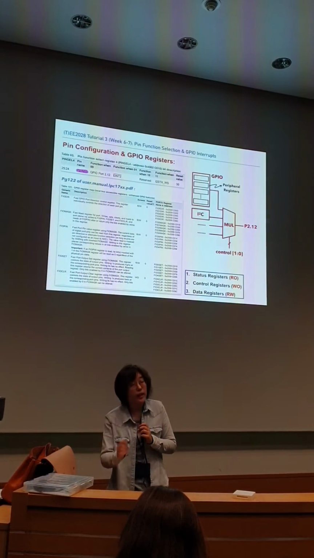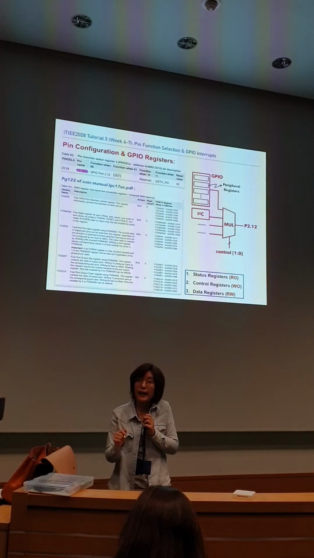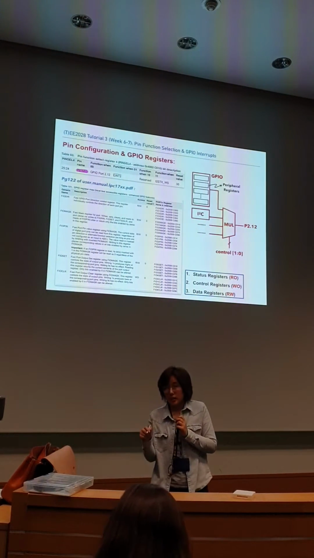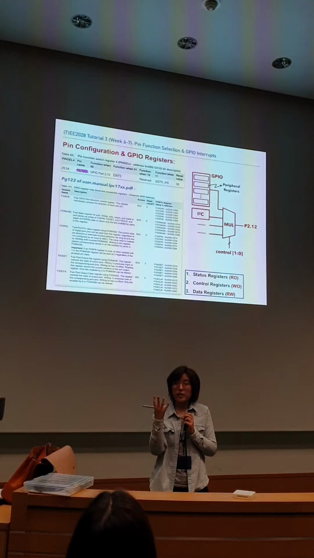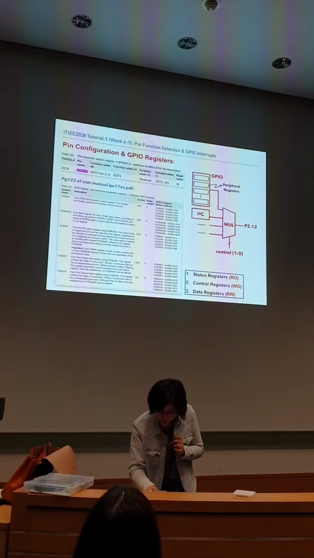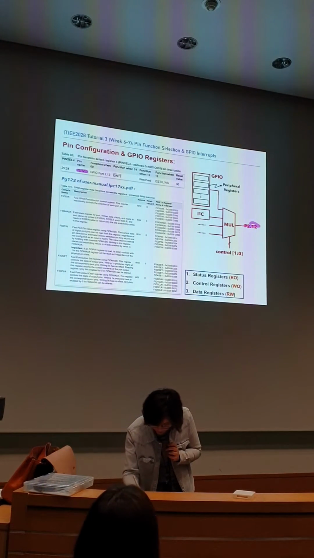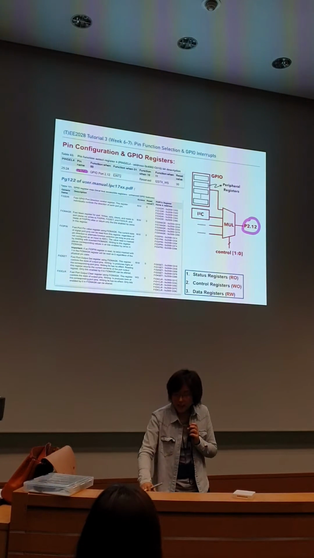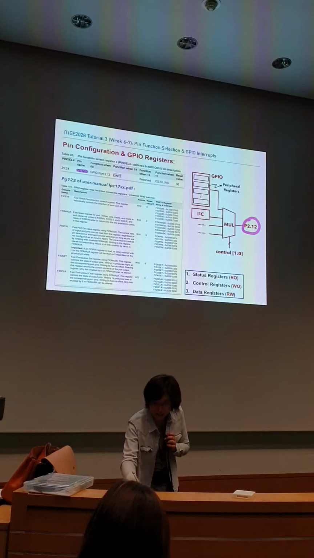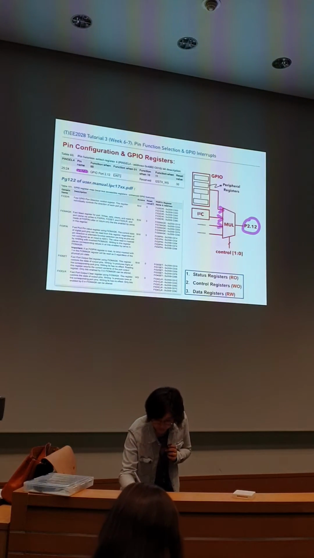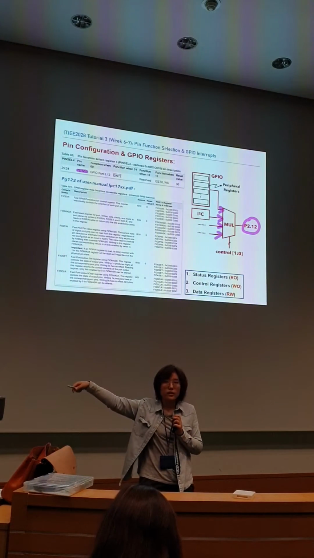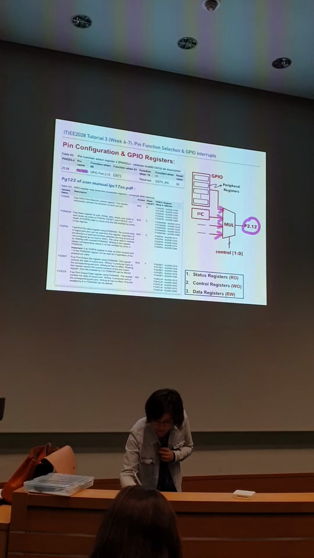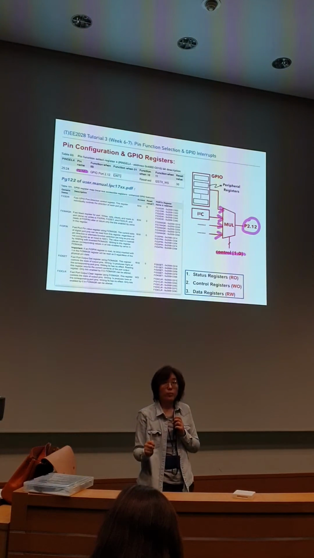P2.12, as I mentioned, each pin can work at 4 different functions, right? So if I draw it here, this is my pin P2.12. You can consider there's a multiplexer that you can work as different functions by these control bits.